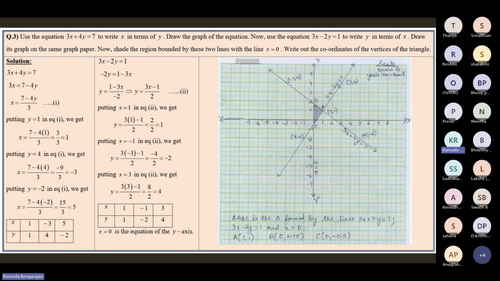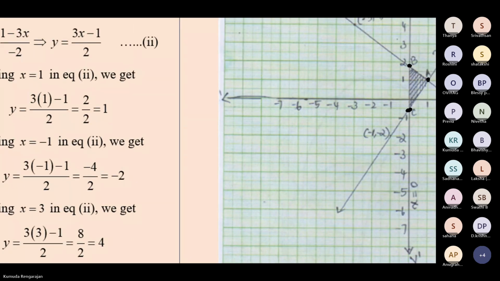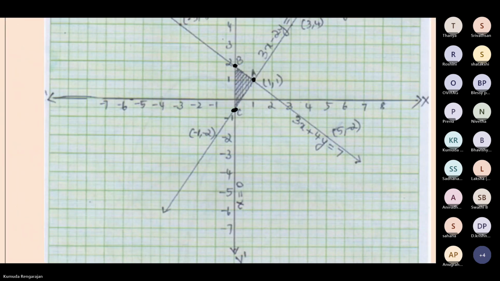See this one, and this one. So 1, 1. This one is 1, 1. This one is 0, 2. And this one is 0, minus 0.5, because it's between 0 and minus 1.